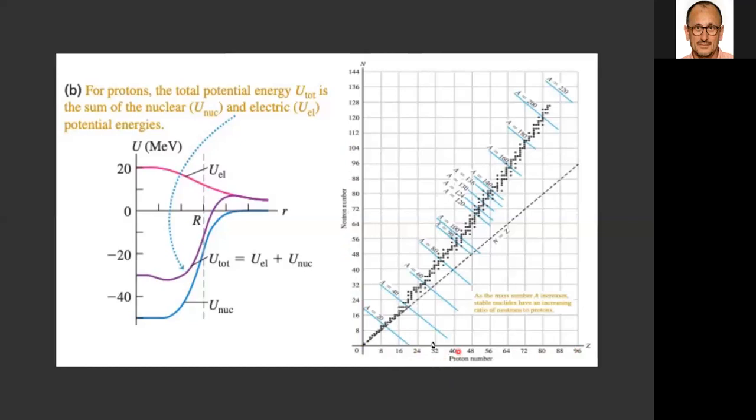This line is the N equals Z line. So the nuclei that are close to this line have the same value of N and Z. So you have, let's say, helium. Helium 4 is on this line because it has 2 protons and 2 neutrons.